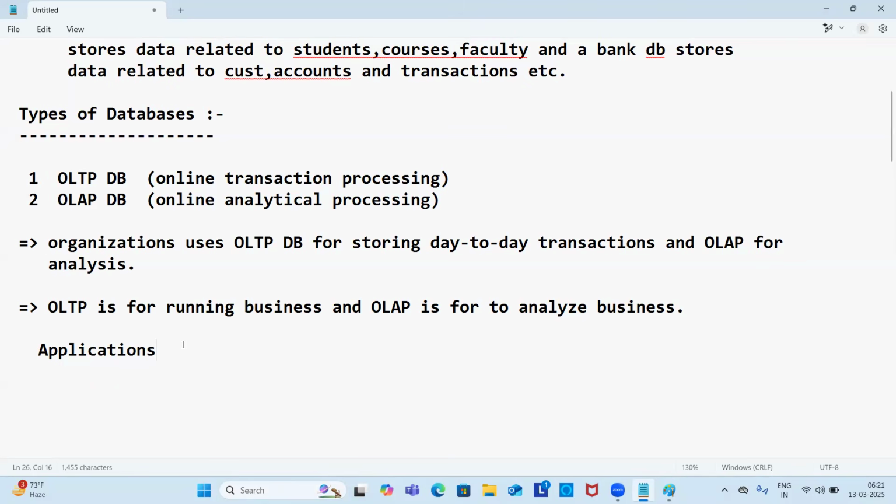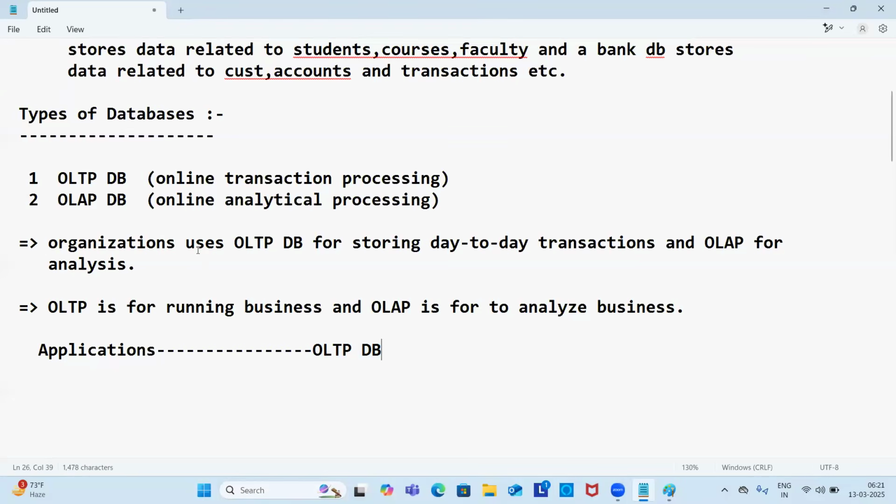So the applications generate the data. Whatever data is generated by the application is stored in the OLTP database. But the data stored in OLTP is not suitable for analysis.